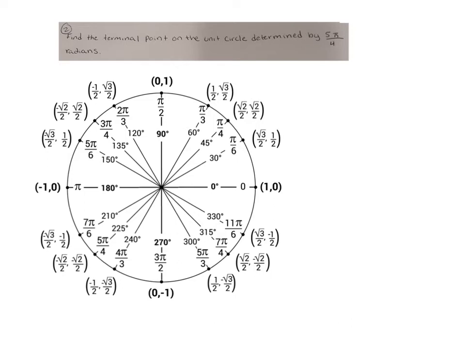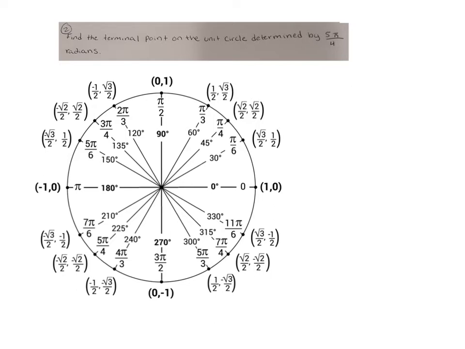But this question says to find the terminal point on the unit circle determined by the angle 5 pi over 4 radians. You're probably wondering what a radian is. We can talk about that. But 5 pi over 4 is actually one of the known angle measurements on a unit circle.